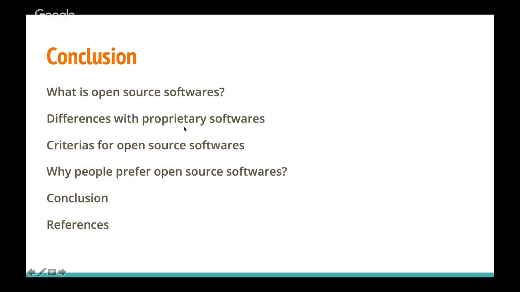Proprietary software does not allow others to change it, but open source software welcomes others to change it. And I also introduced the 10 criteria for open source software, whose definition was given by Bruce Perens. And I also explained why people prefer open source software from 4 aspects: it's easier to control and more free, and the training, the security and the stability.